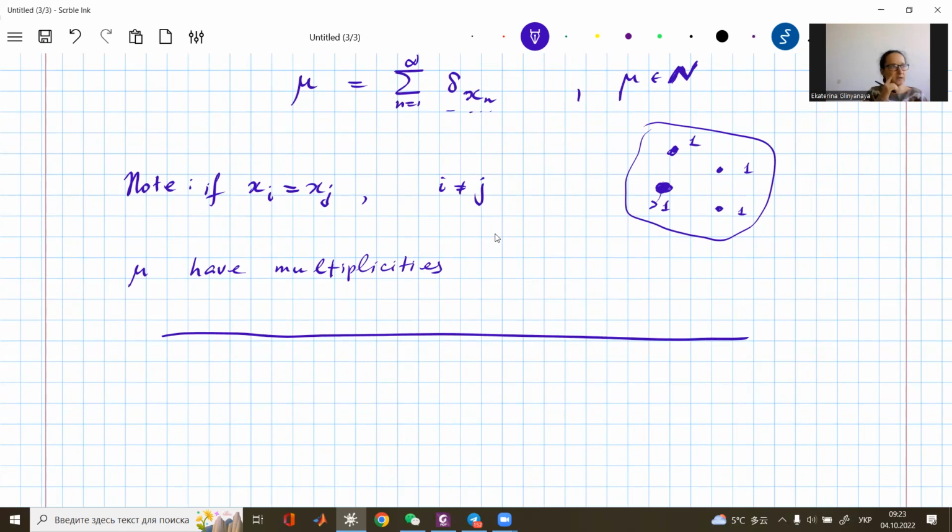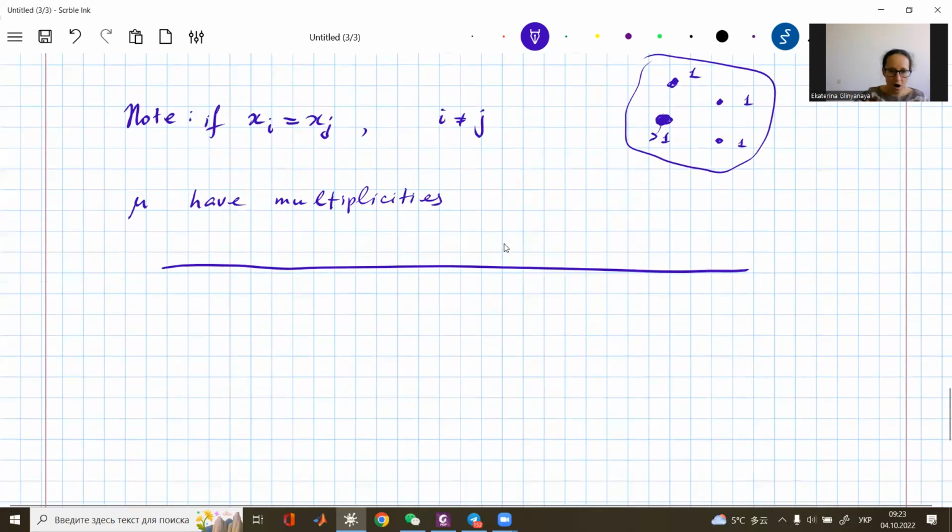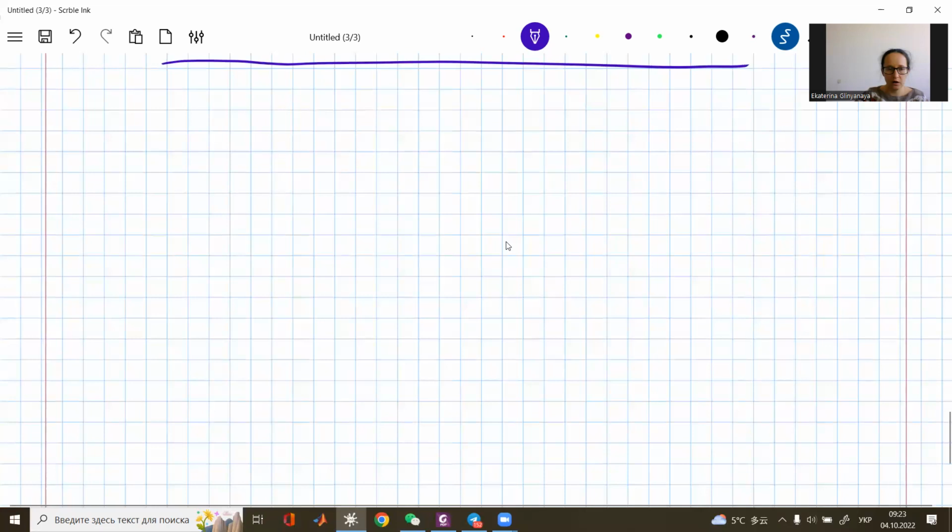Now let us think about what the measurable structure can be here, and how we can think about it. Okay, let us assume that we have a random measure. I will put it in brackets for now, because to define a random measure we should already have the sigma field.